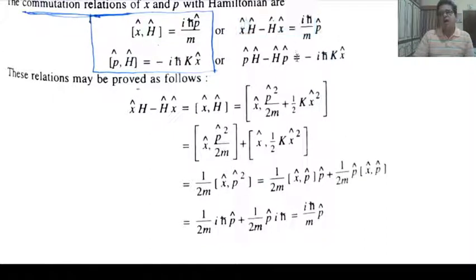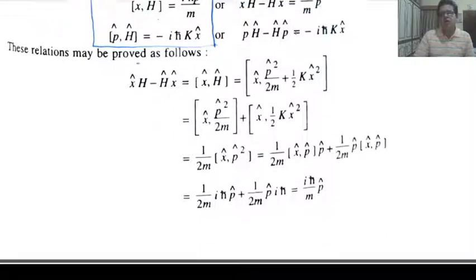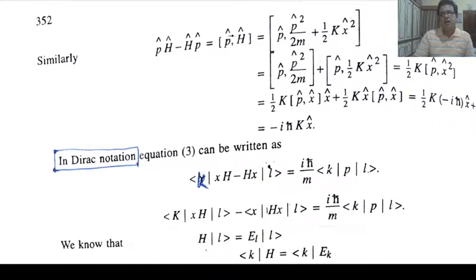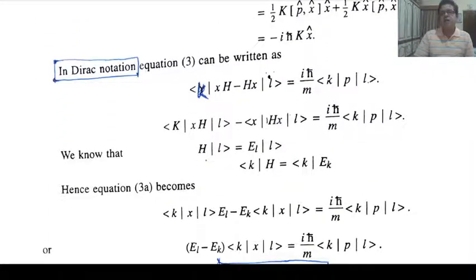Equation 3 and equation 4 can easily be written in Dirac notation; this symbol is known as bra notation and this is known as ket notation.